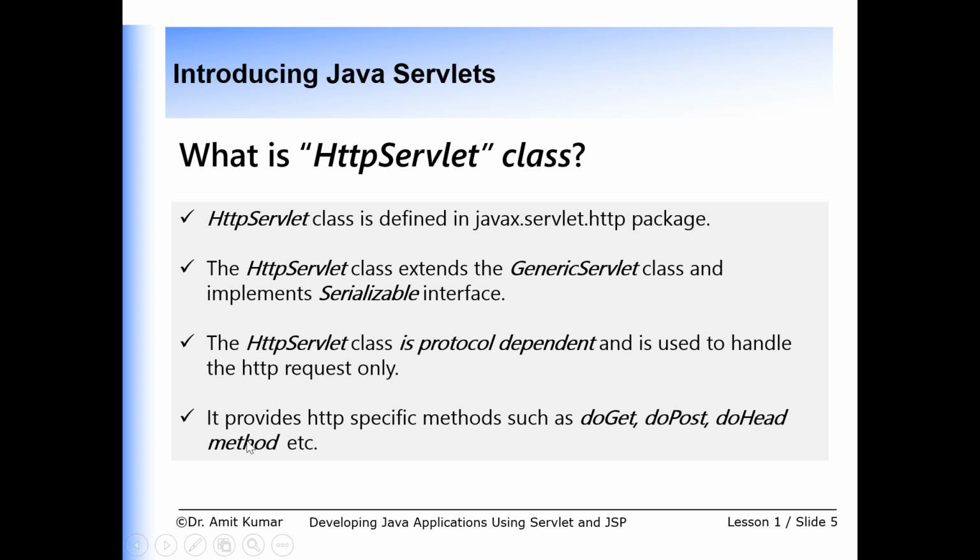To handle HTTP requests, HttpServlet provides specific methods like the doGet method, the doPost method and the doHead method, and it also has many other methods. So that is all about the HttpServlet class. It is protocol dependent and used to handle only HTTP requests. On the other hand, the GenericServlet class can handle any type of request and is not protocol dependent.